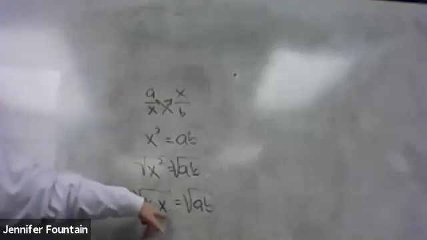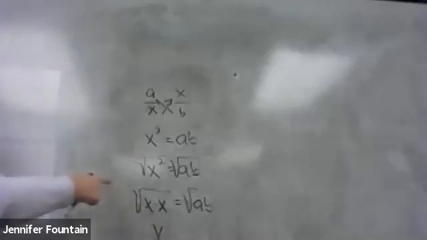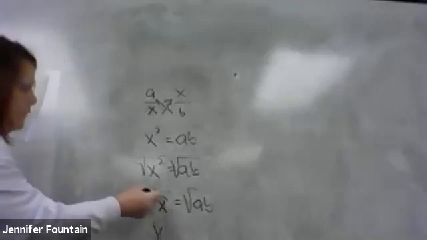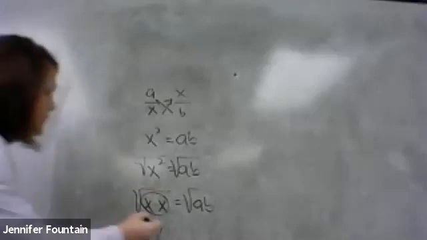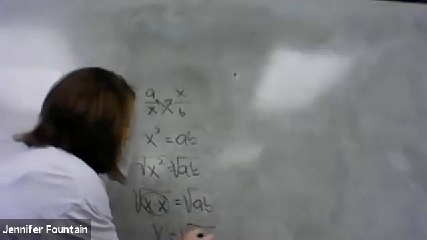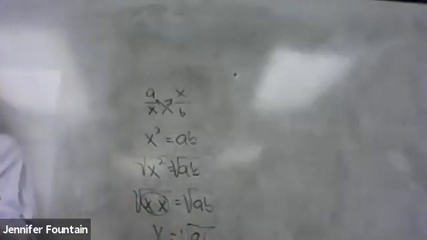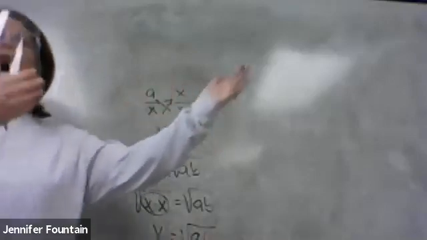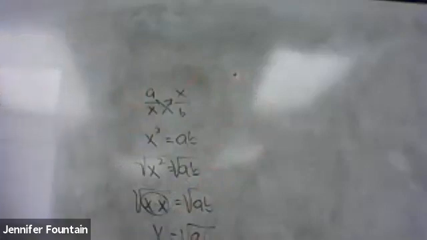Right now, I have 2 X's, so that can come out as a group of X because my understood index is 2. I've got 2 buddies together, so they can go outside as 1 X. But right now, I cannot break down AB, because I don't know what they are. If it was AA, then A could come out. If it was BB, B could come out. But it's AB, so I don't have 2 like buddies.